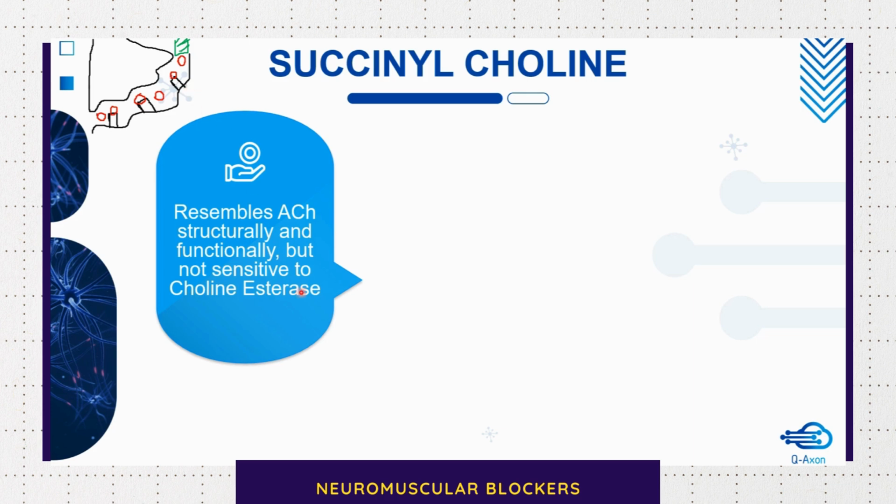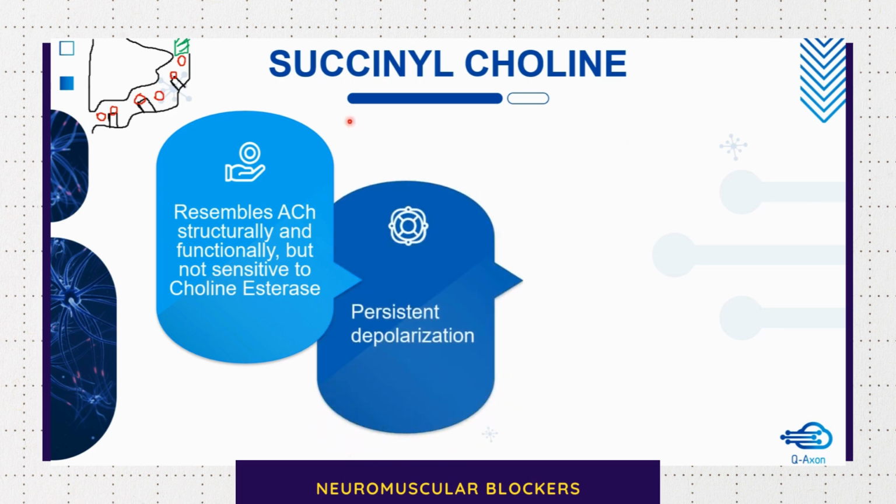However, unlike acetylcholine, it is not sensitive to the action of cholinesterase, which means that it cannot be broken down by the enzyme cholinesterase. So what happens because of this? The free succinylcholine is not broken down by cholinesterase. Therefore, the bound succinylcholine cannot detach from the nicotinic receptor, and this causes persistent depolarization of the muscle. This is why succinylcholine is categorized as a competitive depolarizing blocker.